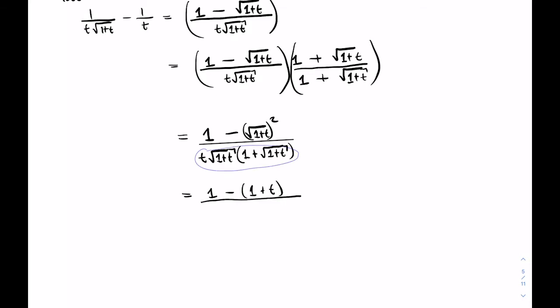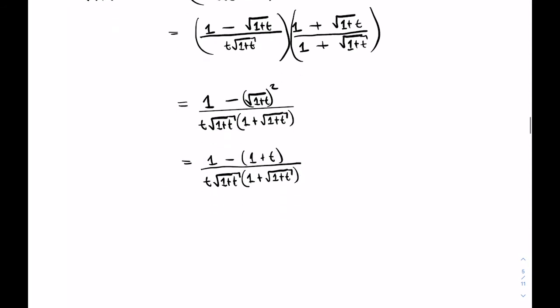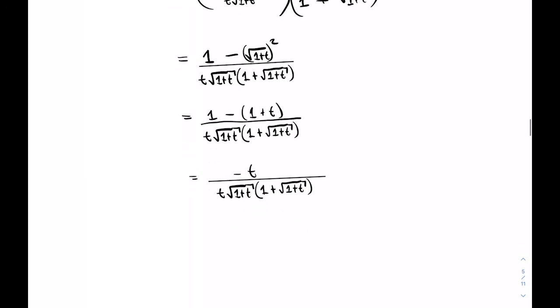I'm just going to copy this down. Okay. So now we see that we have negative t over the same denominator we had before, which then shows us that we can cancel something. What can I cancel here? Of course, I can cancel this t.